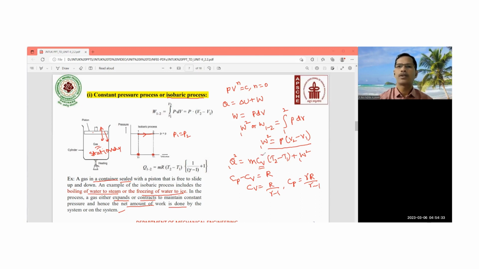So you need to substitute Cv equal to R by (gamma minus 1).